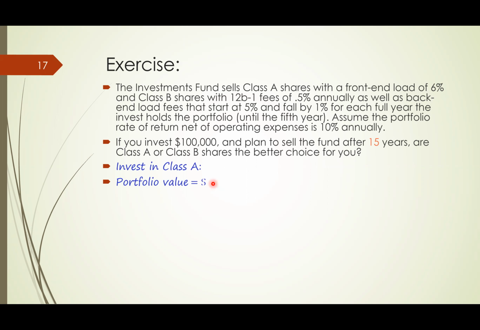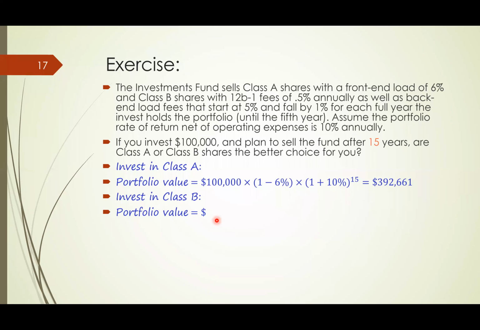So for Class A, we start with $100,000. It's going to be charged a 6% front-end load. It's going to compound at 10% for 15 years. Our expected ending balance is $392,661. But for Class B, we start with $100,000.